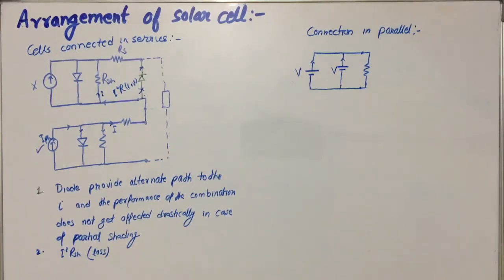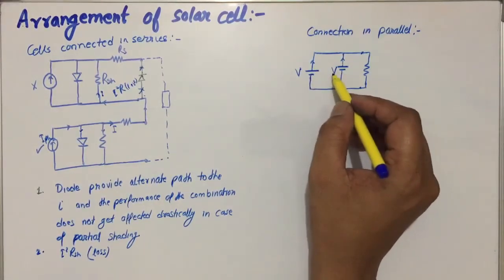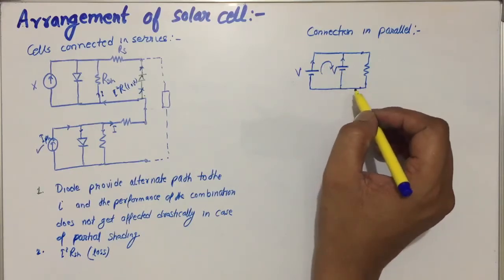So even if there is a slight difference between these two voltage levels, then there will be a circulating current.